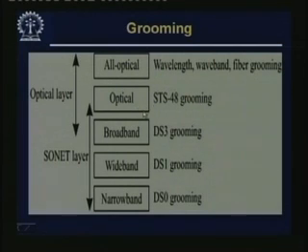That is a high rate, and at that rate most probably you are well into the optical domain. And then finally, if you can go to the all optical domain, that means wavelength, waveband and fiber grooming. So, there are different levels of grooming depending on what you want to do.